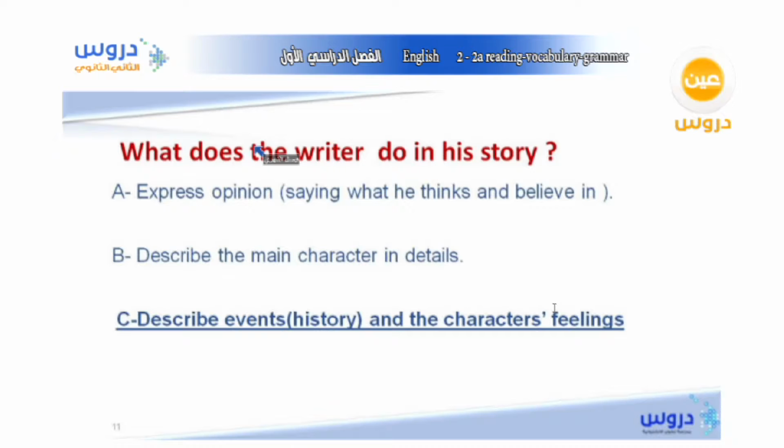Alright? What does the writer do in his story? Now, can you remember the question from 3 slides ago? Is he explaining opinion, or describing the main character, or even describing events, history, characteristics, and characters' feelings? Which is of course the last choice.